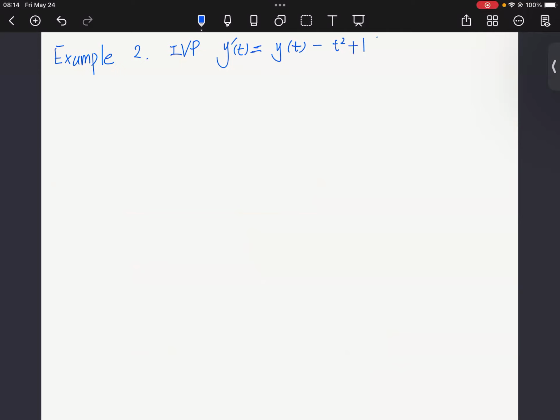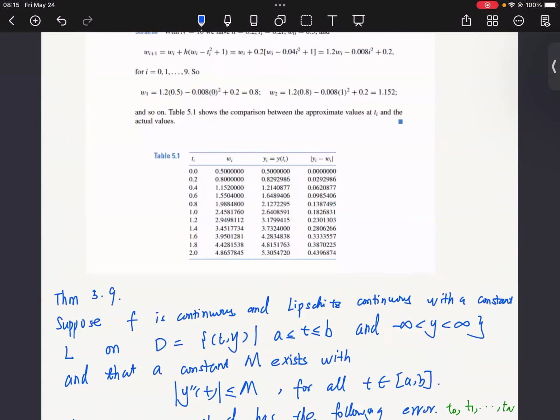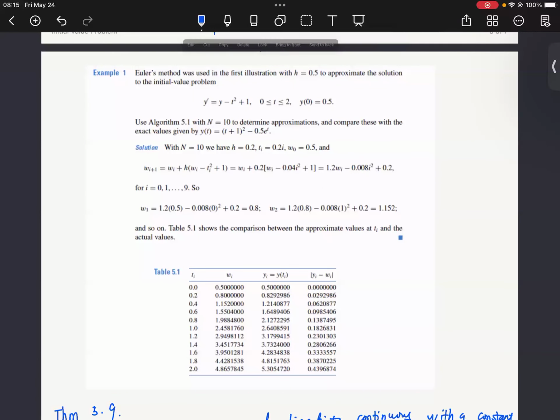And this is the same as the first example's equation. 0 to 2 is the time interval, and your initial value is 0.5. Here we decide the step size is 0.2. This is the same as we have in example 1.